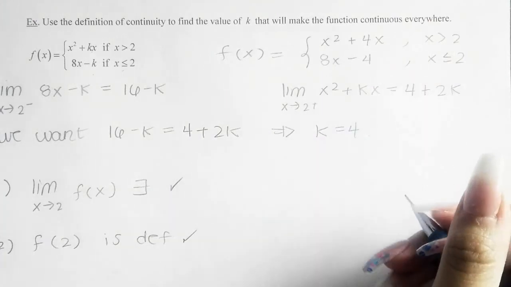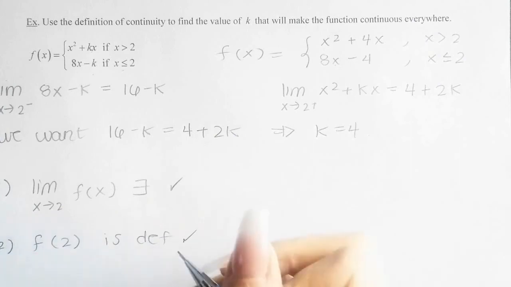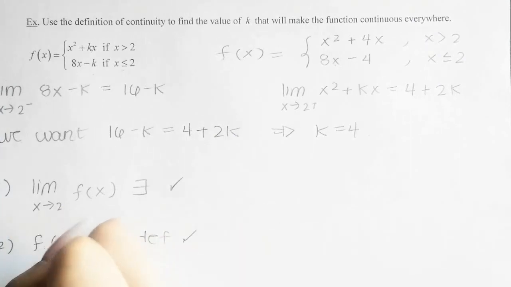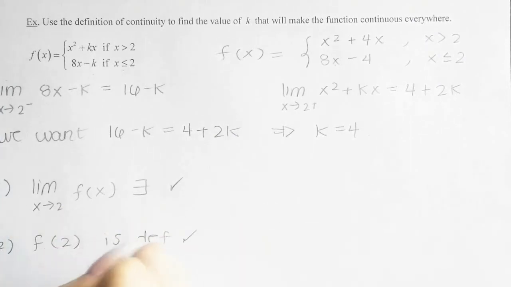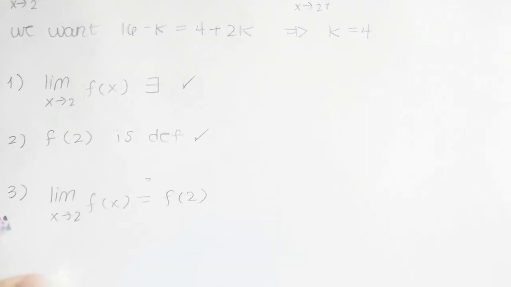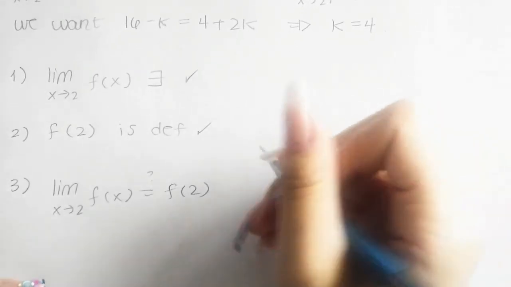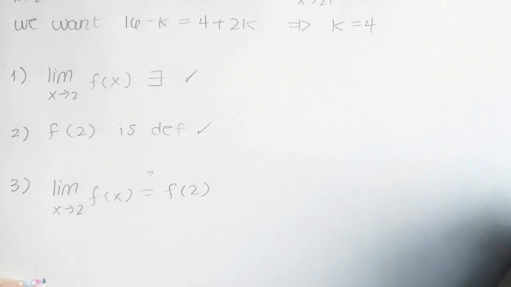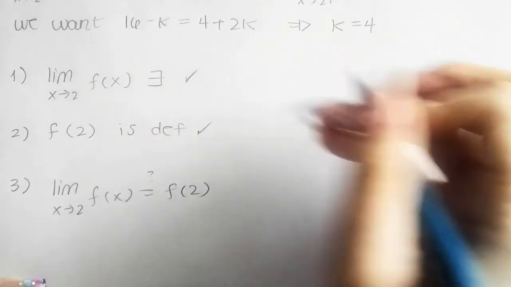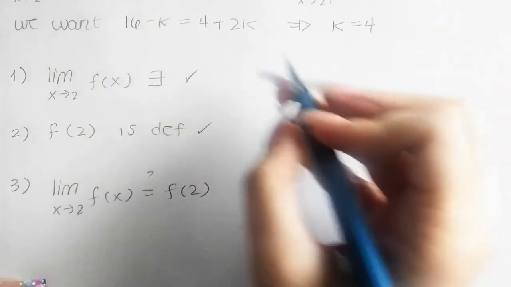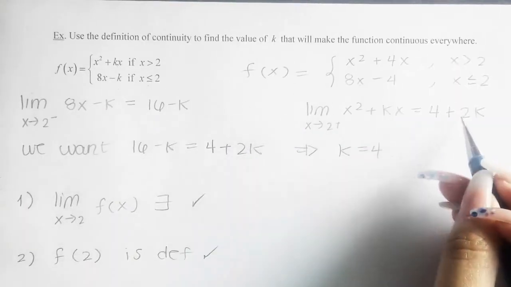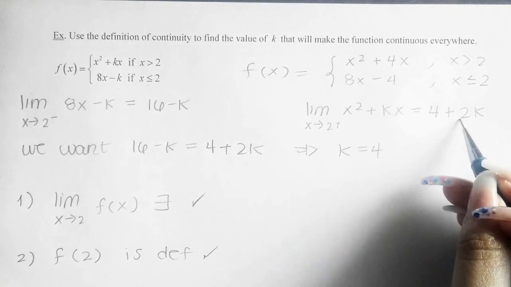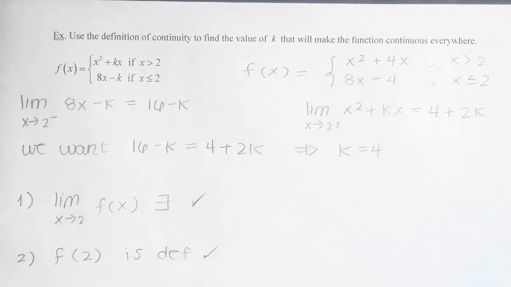Now the question is number 3. Is this true? Let's ask ourselves. You know that the limit, when we plug in the 2, you can plug it either here or here, and you know that the limit of this expression is going to be 12.